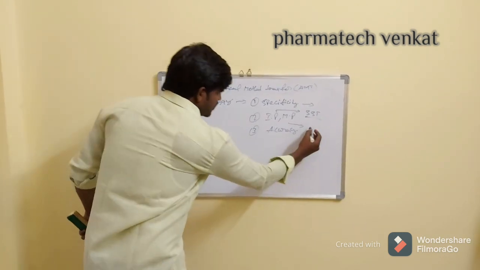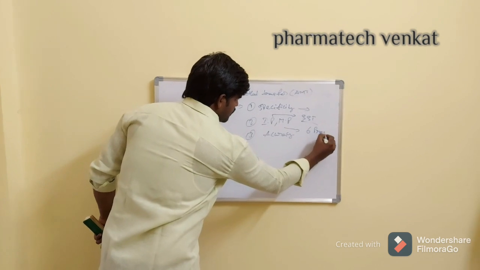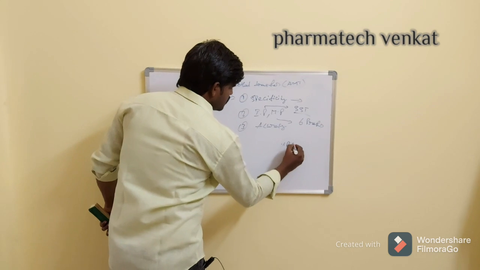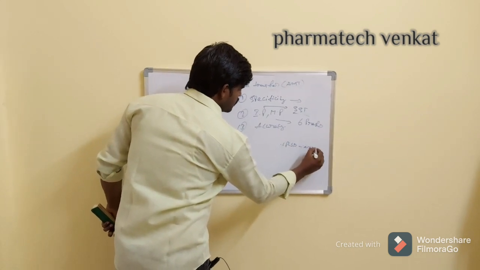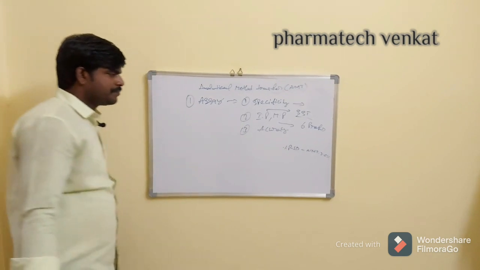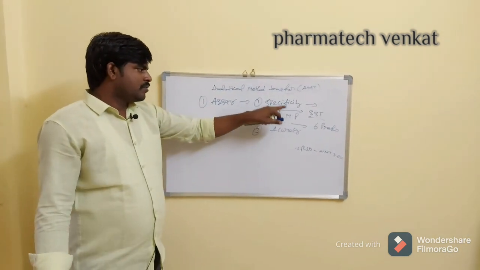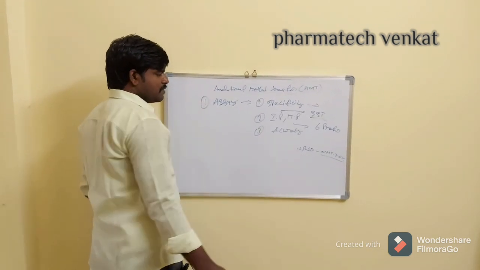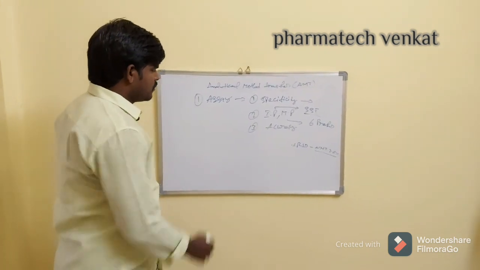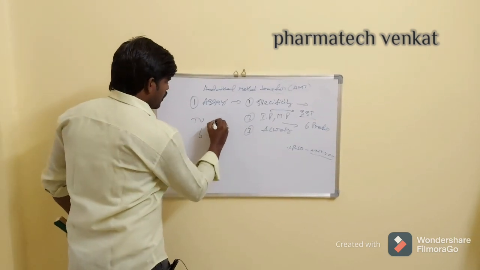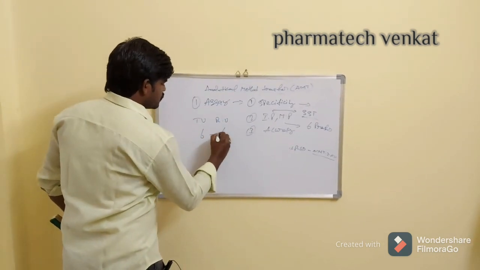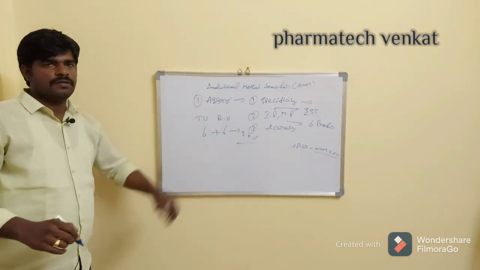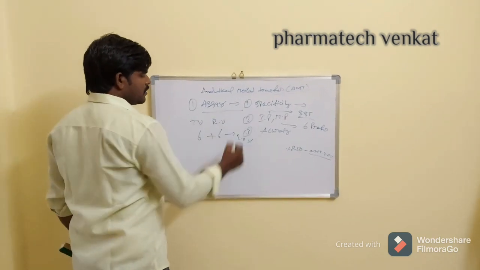That's why we prepare 6 preparations. The percentage RSD of those 6 preparations should be not more than 2%. With 6 preparations of TU and 6 preparations of RU, so 6 plus 6, 12 preparations, the RSD should not be more than 2%. Then only is this method okay.